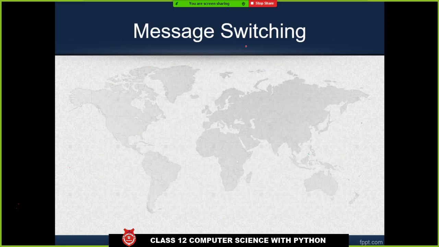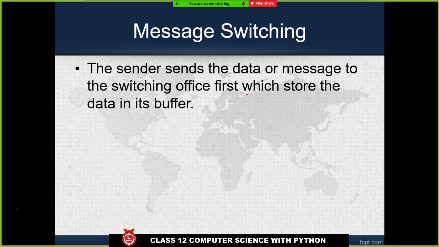Now let's talk about message switching. In message switching, the sender sends data or a message to the switching office first, which is stored in its buffer. For example, you have an Airtel mobile phone, you write an SMS and send it to your friend. If your friend is out of reach, say going to the Tlawng River where there is no mobile signal, your message will not vanish in the air.